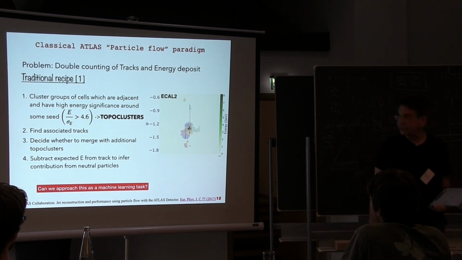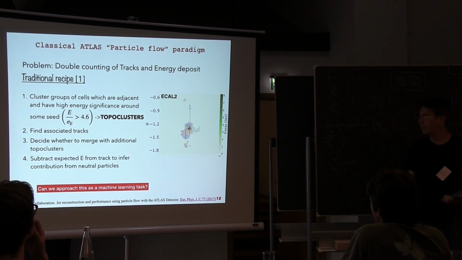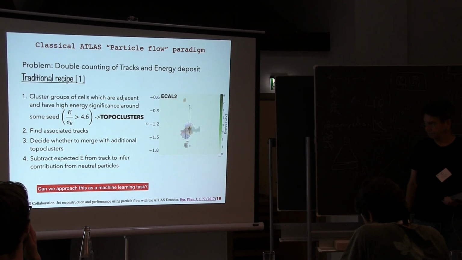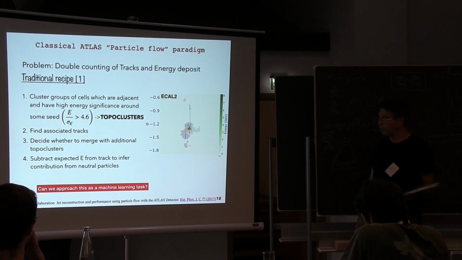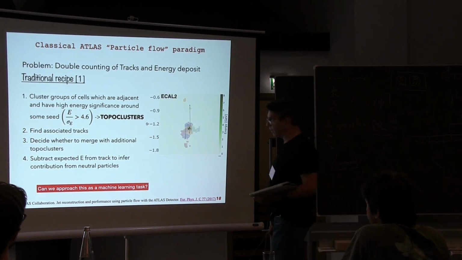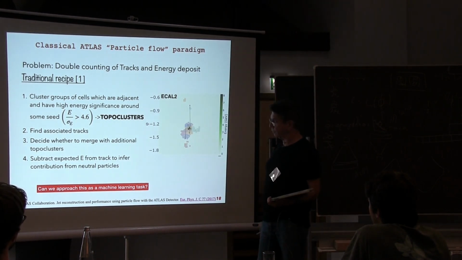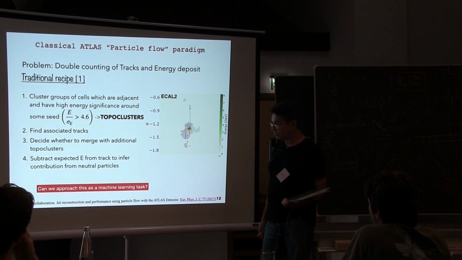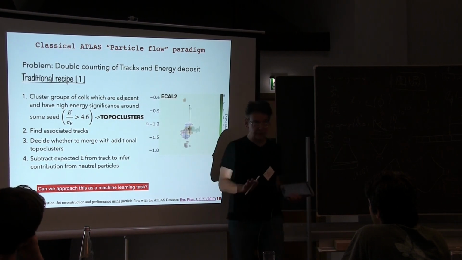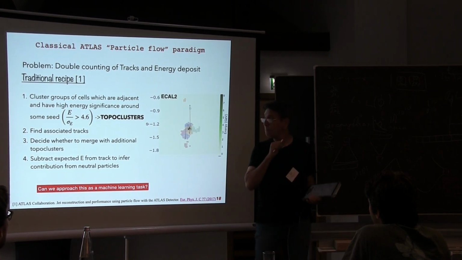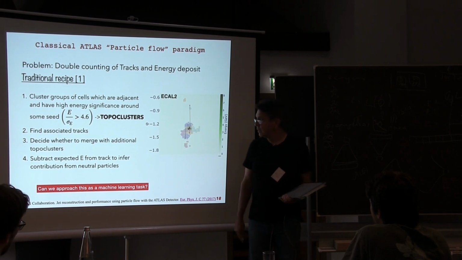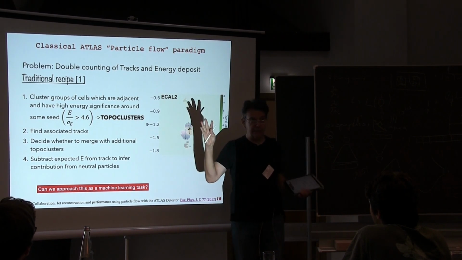So I already said there is double counting of tracks and energy deposits. The traditional way, before the machine learning era, and most experiments, if not all, are still using it. I will tell you about Atlas because that's what I was working on, still working. The first thing you do is you have lots of cells.